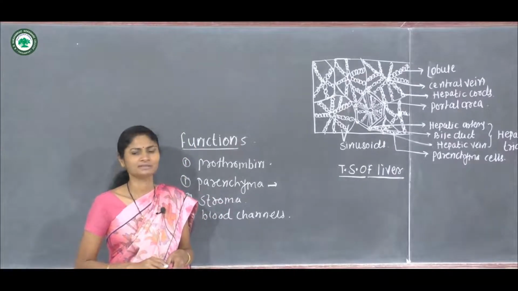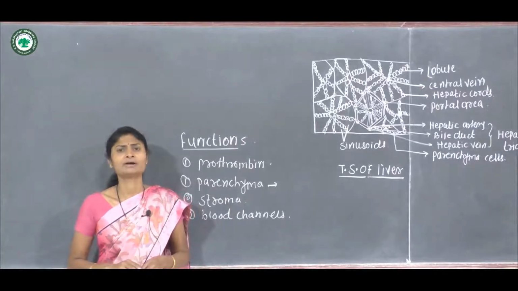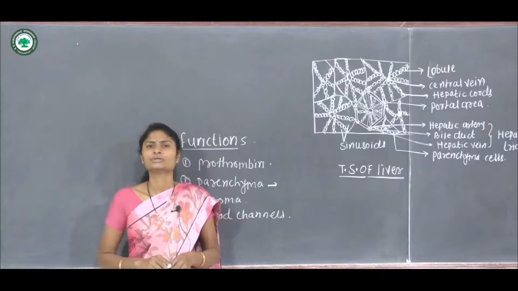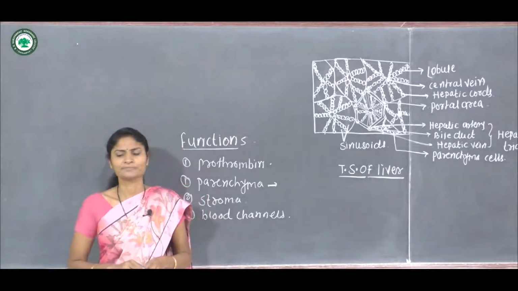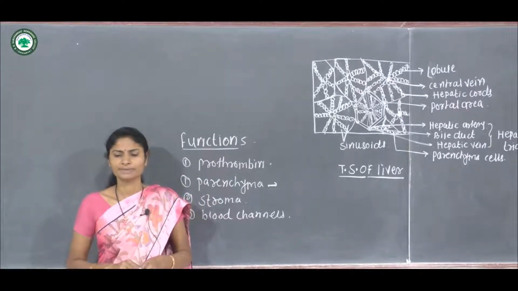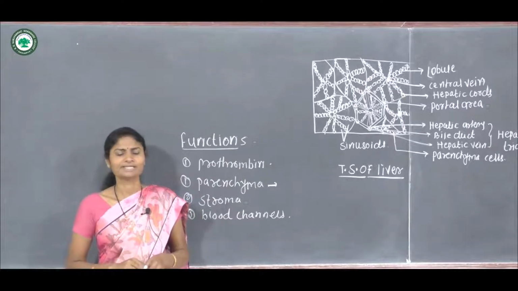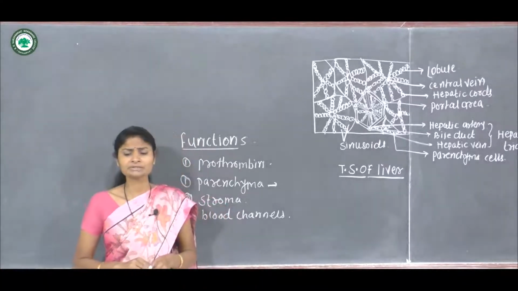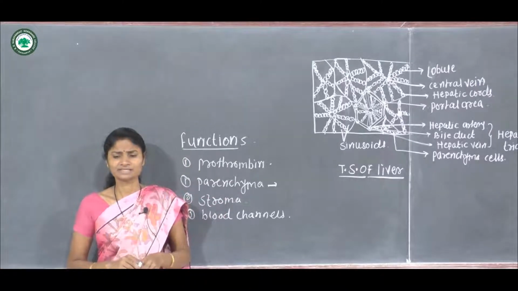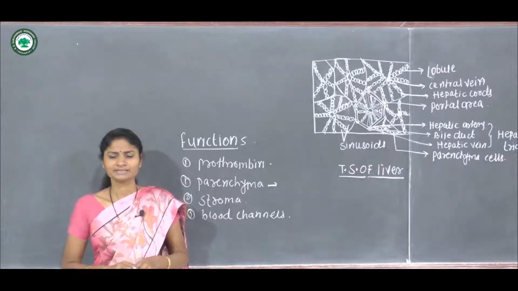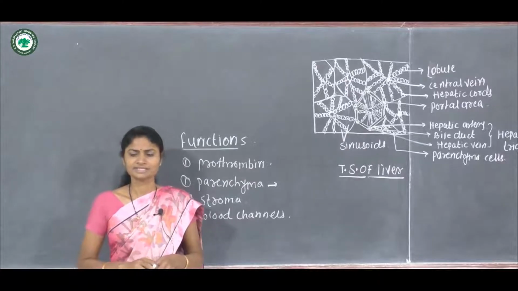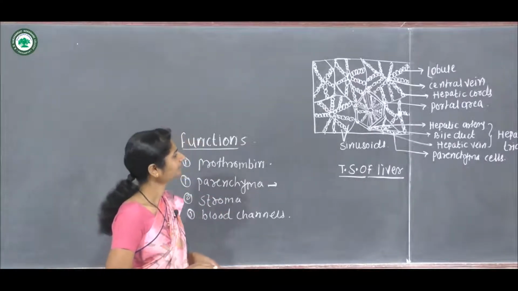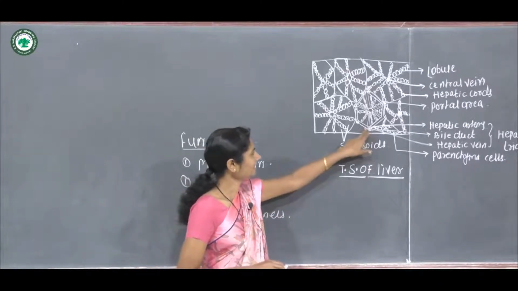When we observe this histological slide, the liver is incompletely covered by an outer tunica serosa derived from the peritoneum. The liver is also covered by connective tissue called Glisson's capsule, and this Glisson's capsule is present only in the portal area.